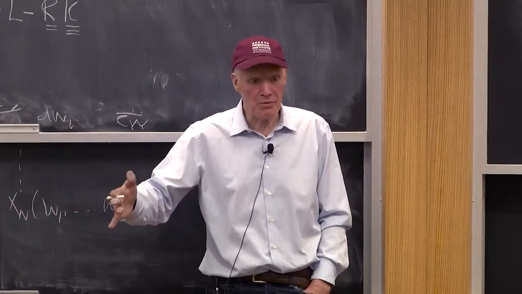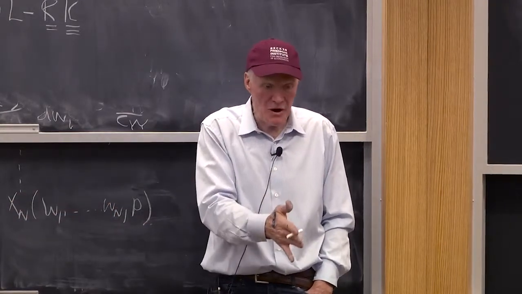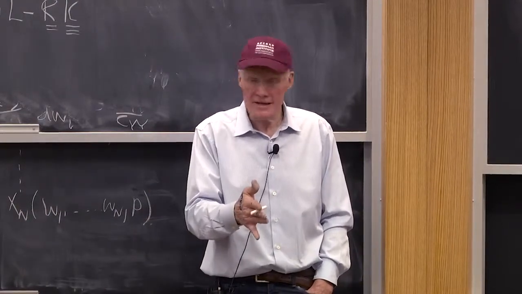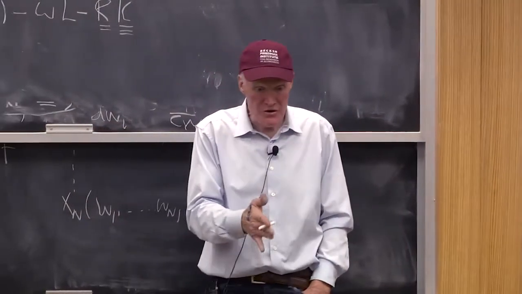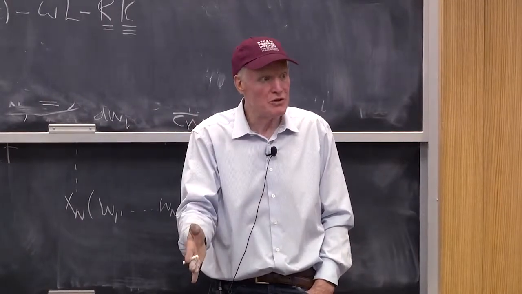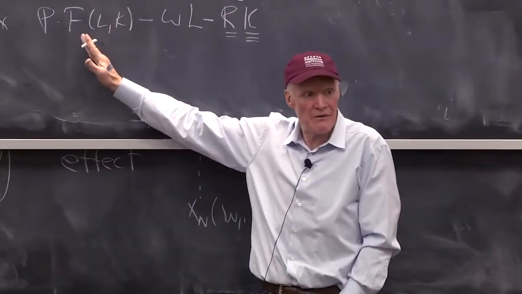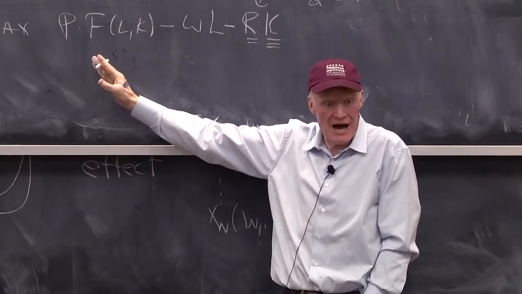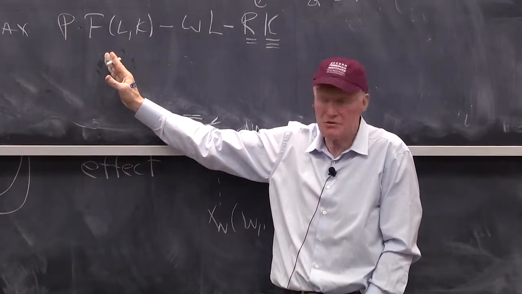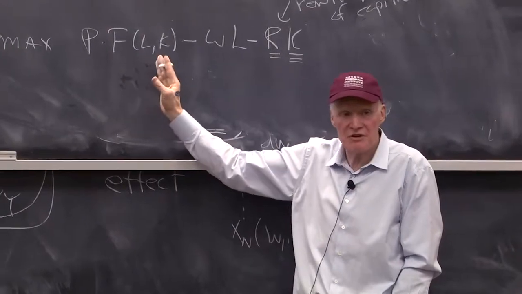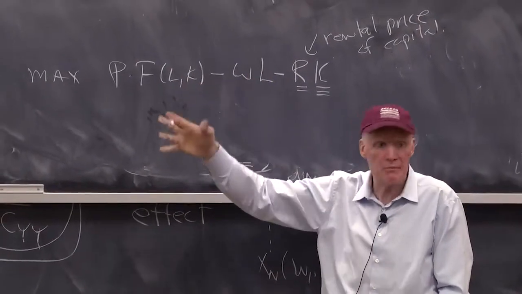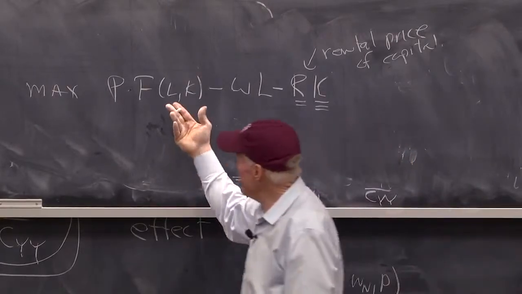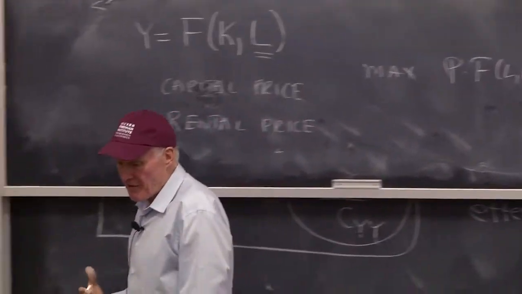That is, the capital price measures the value of the asset over its life. The rental price is going to measure its value in terms of current use, which is what's going to go in here, right? Everybody understand that? This is current output. This is how many units of output are being produced, right? This production function is like output per month or output per year. It's some flow measure of output. So we need to be measuring all these things on a flow basis.